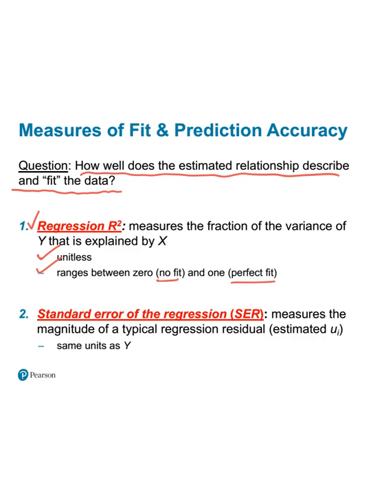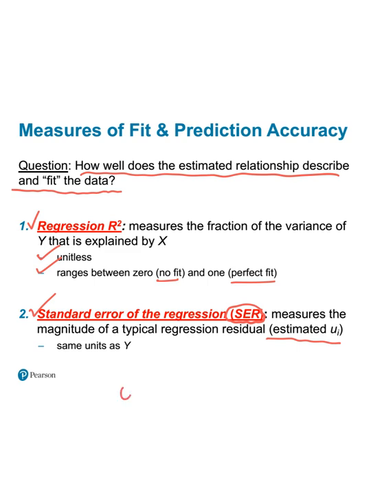Now we have standard deviations that we will measure for our estimators, but realize beyond those estimators, we're also looking at the overall regression as a whole. So number two here, what we look at is something called the standard error of the regression. In the software output, you'll sometimes see it abbreviated as SER. And this measures the magnitude of a typical regression residual. Okay, so this estimated u i hat.